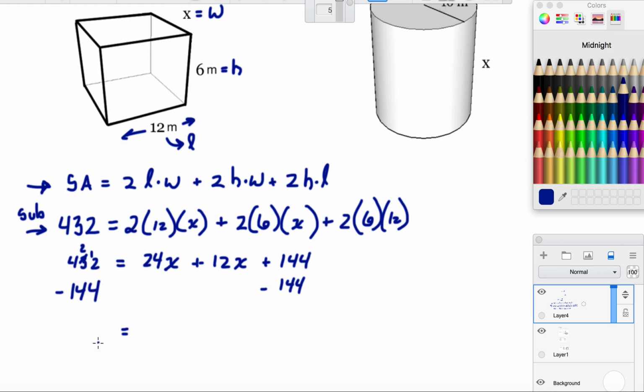So that's 12 minus 4 is 8. And then we have a 2. We need to borrow a 1 here. That's 8. 3 minus 1 is 2. So we get 288. And then we have a like term here. 24x plus 12x is 36x. And then we're going to divide by 36.